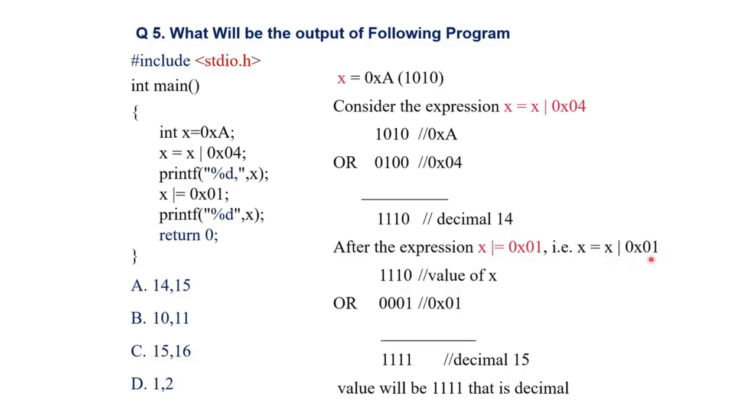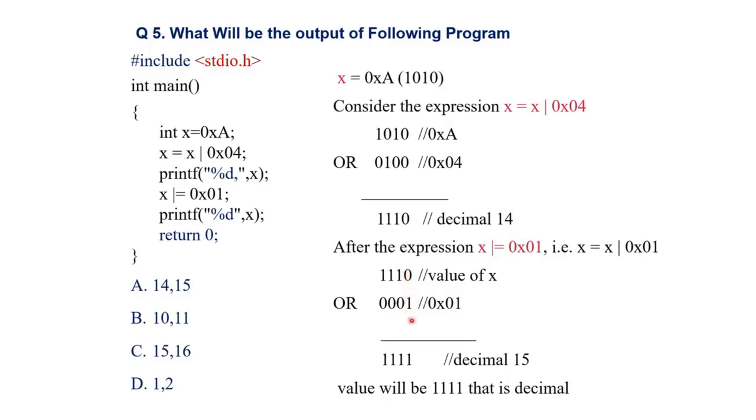So let us solve this expression. The value of x is now 1110. So this will be there. Then the second operand is 0x01. The binary equivalent of 0x01 is 0001. So these two values will be ORed.